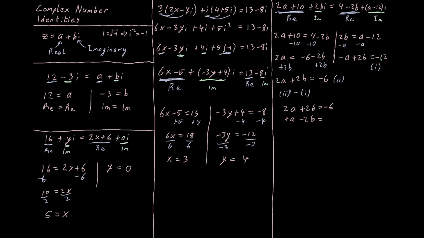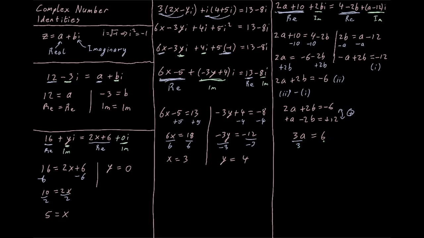And minusing minus 12 is the same as plus 12. So now I can add those two together. I'm going to get 3a is equal to, we get 0b, so we don't have to write that down, and minus 6 plus 12 is going to be 6. So 3a is equal to 6.